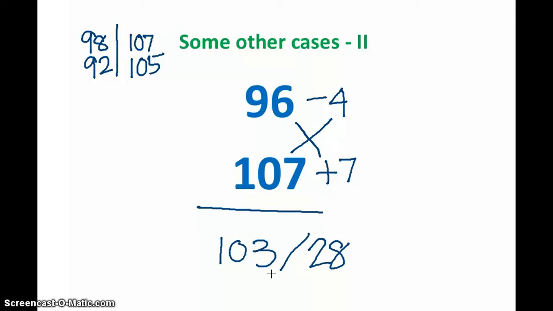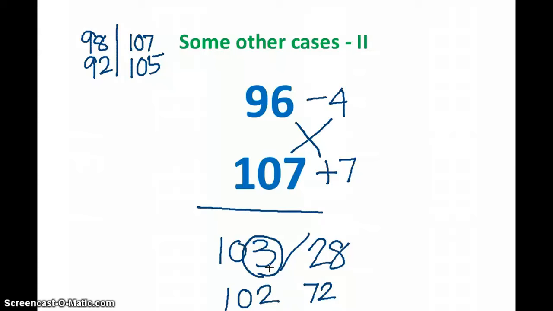Just see the technique first, I will explain it. We want the complement of 28. That means if I subtract 28 from 100, it will of course come to 72. And I decrease 1 from the left number. So 10272 is the answer.